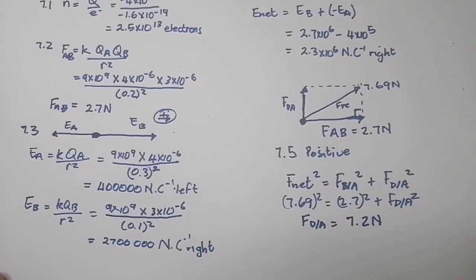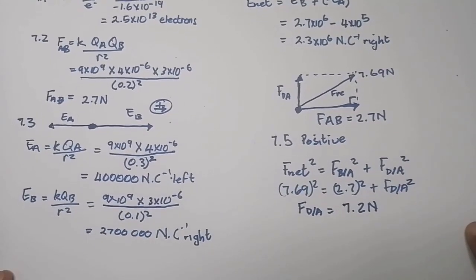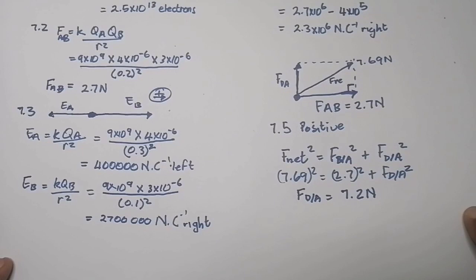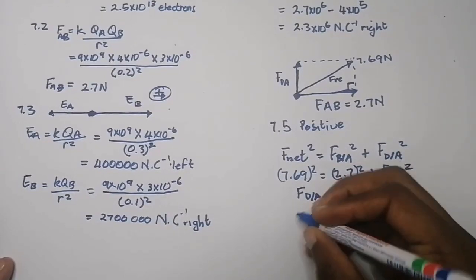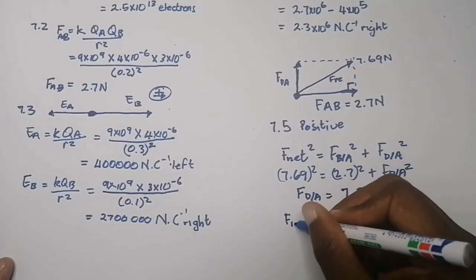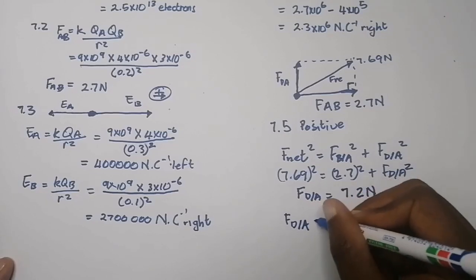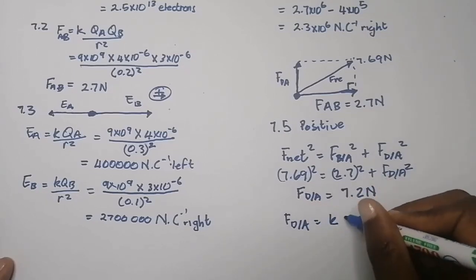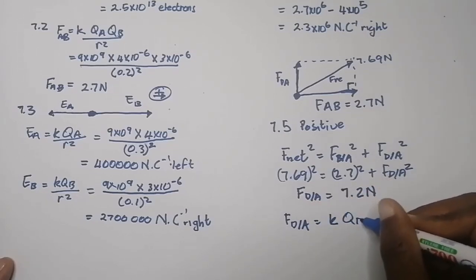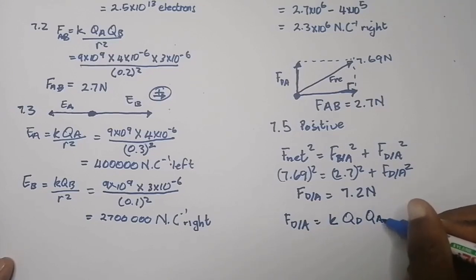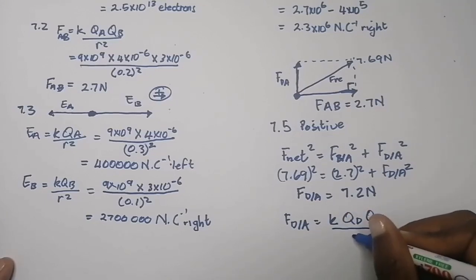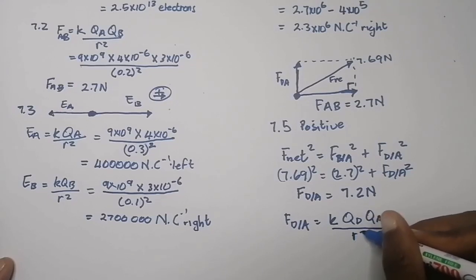Now remember, I'm looking for the charge. I've got the force now, and I'm looking for the charge. So the force that D exerts on A, let's apply Coulomb's law. That's QD QA over the distance R squared.